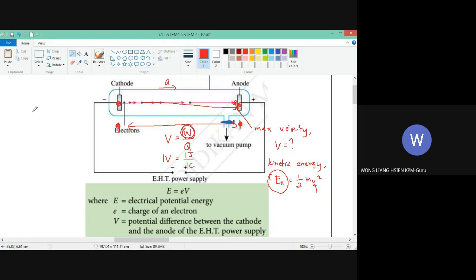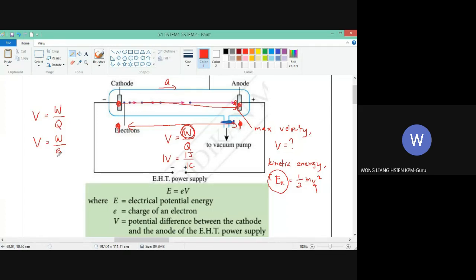For example, potential difference is work done per unit charge. Because the charge we are talking about is the charge of 1 electron, we can put the symbol e to represent the amount of charge in 1 electron.